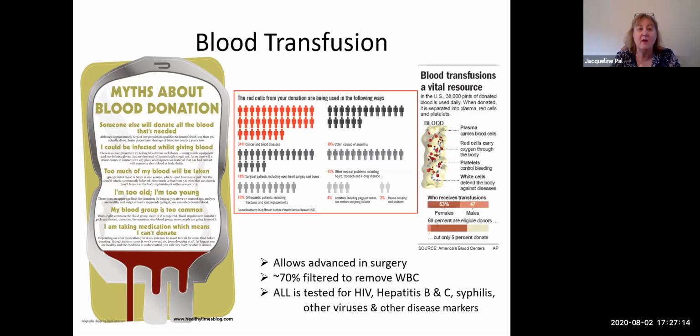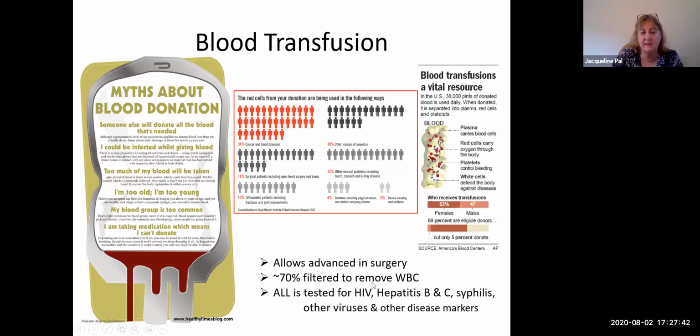Okay. Now, when we're receiving blood, we're not receiving the entire pint that you are donating. So that's all you're donating, a pint of blood. But it gets separated out. And so if you need the plasma or you need the clotting factors, that's what you get. If you need red blood cells, that's what you'll get. And this way, that 1 pint of blood can go to more than one person.